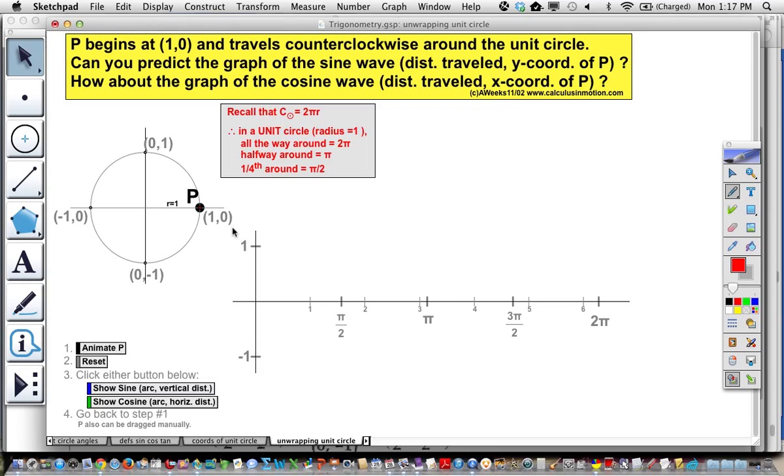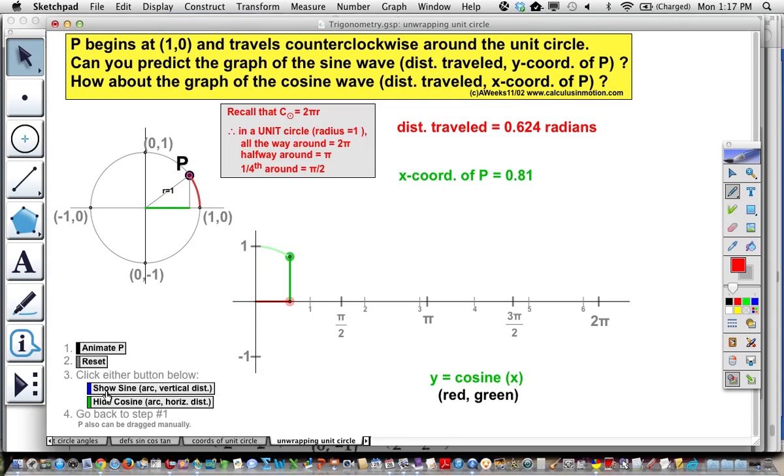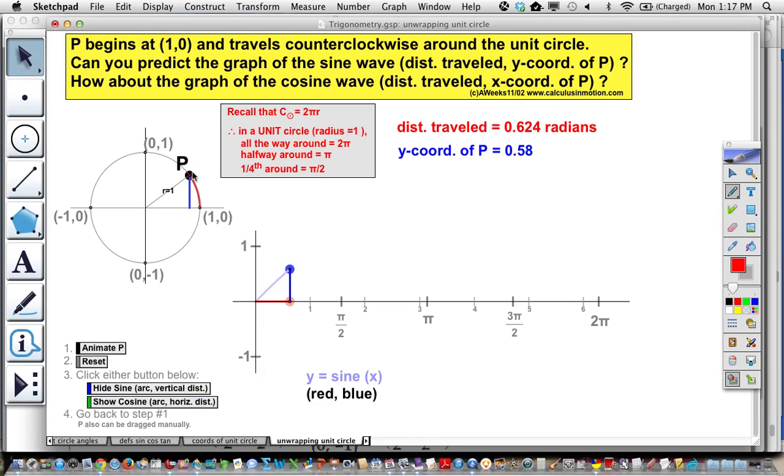This connects the unit circle. You probably saw this last year. This connects the unit circle with our graph. So if we're going to look at the sine graph, okay, if we're going to get on the unit circle here and look at the sine of that point, it's going to be the y value.